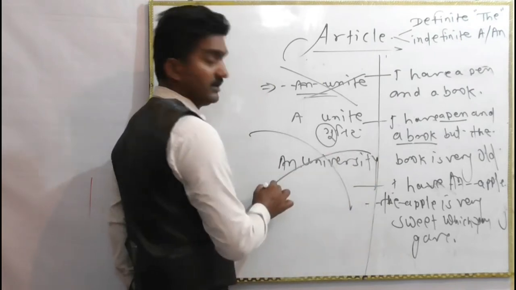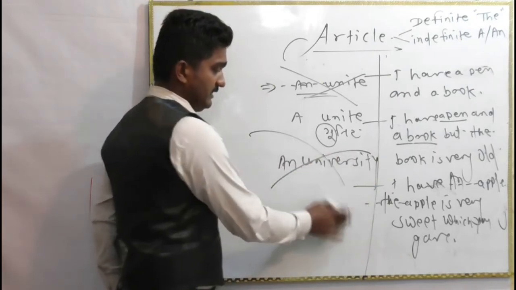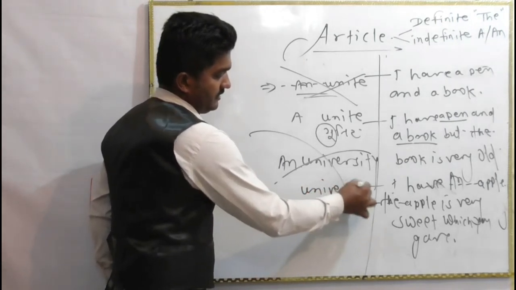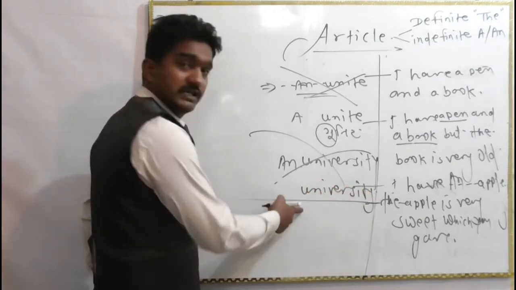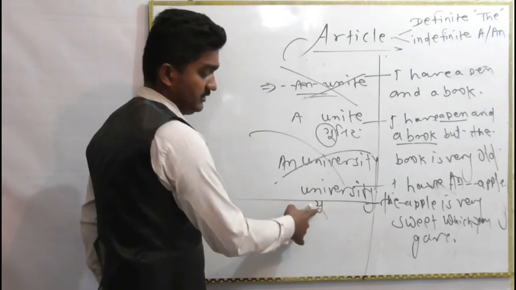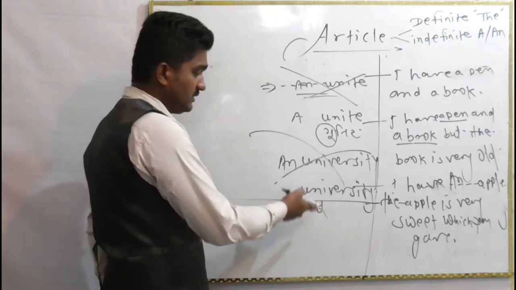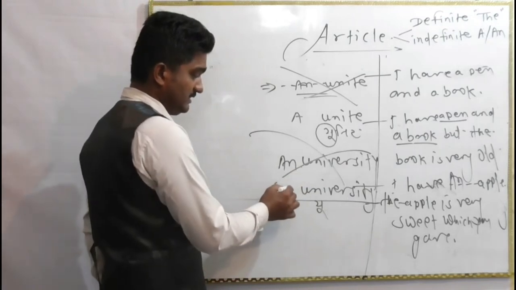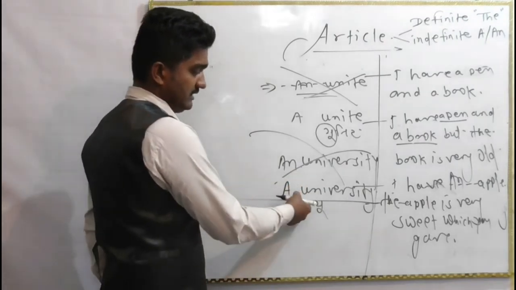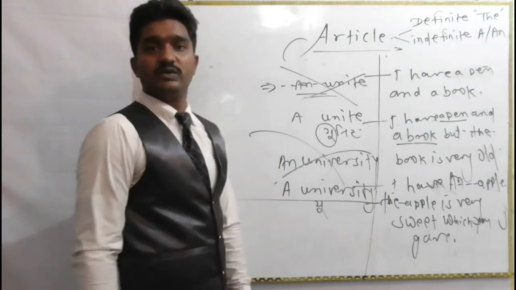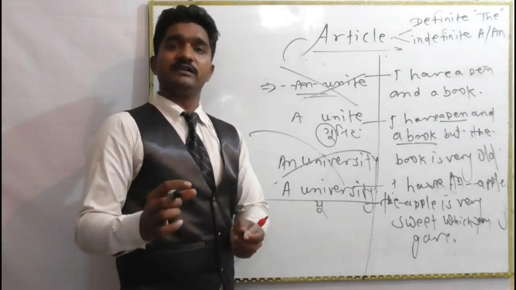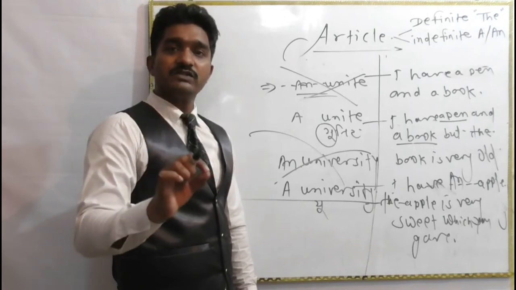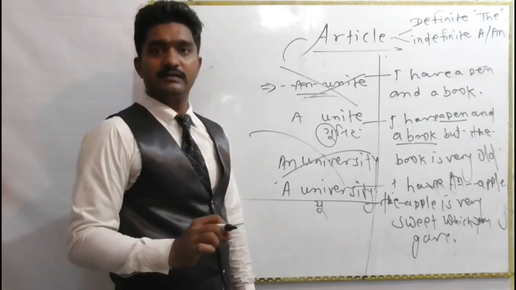It's totally wrong. If there is university, so we will take its Hindi sound, yoo-ni-versity. So its pronunciation starts from a consonant and we will use here a university. Always we should mind about these words. We should never consider the letter, always we should consider the sound of that.